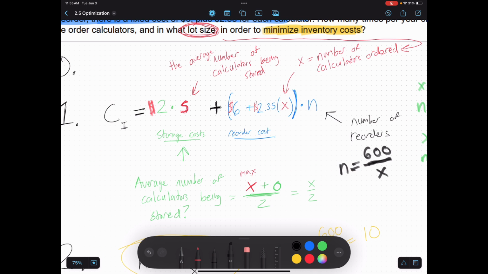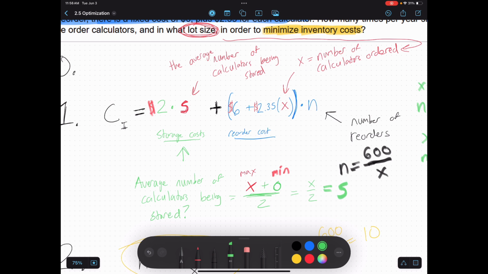Because we're assuming that we're not going to reorder until we've sold out of calculators, meaning that my minimum amount is 0. The minimum amount I could be storing is 0 calculators because that means I've sold out and I'm ready to reorder again. So if I average those two values, I get x over 2, and that represents my S value.